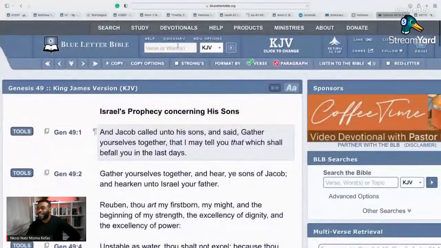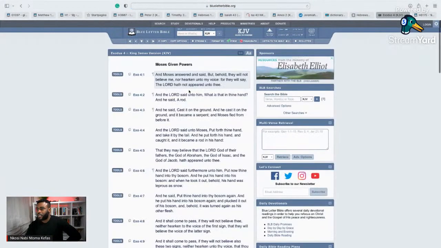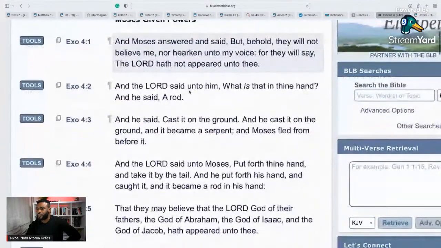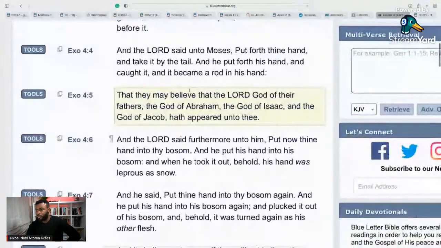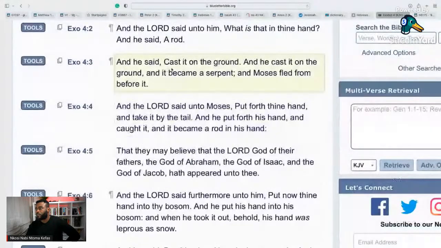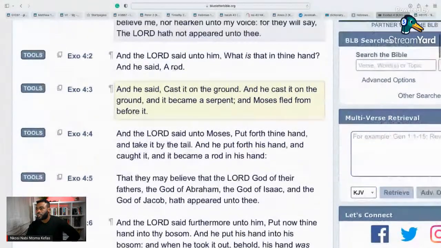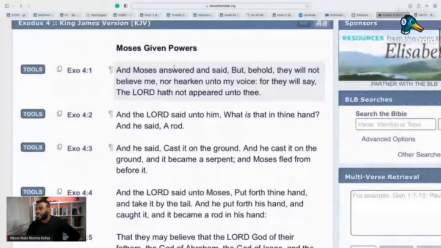Moses, because when the Most High was dealing with Moses, yes, in verse 3, he gave Moses some signs, right? He gave him some signs.